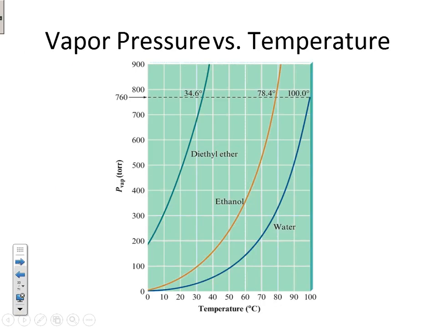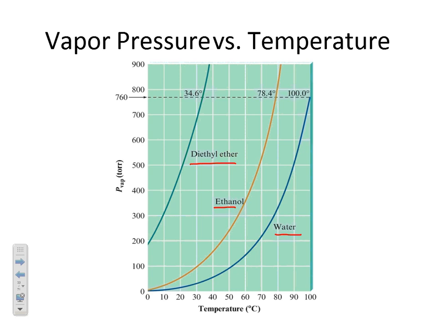So looking at this vapor pressure curve, you might remember you had a reference table with a graph like this in Regents Chem. You obviously don't have one now, but you might be shown one on a test and simply asked to read it. This shows three different compounds, diethyl ether, ethanol, and water, and their different vapor pressures.